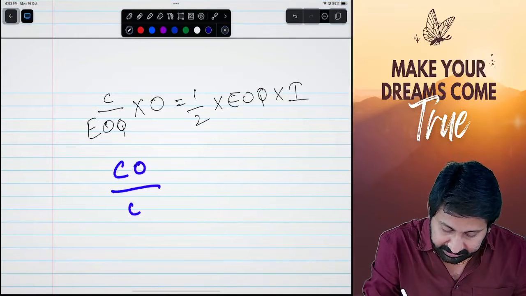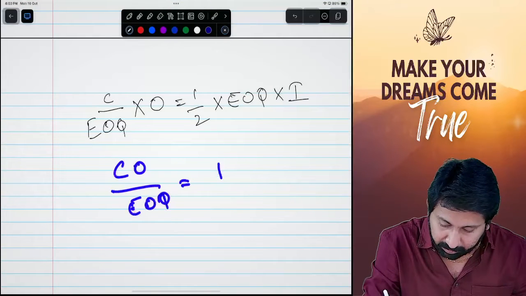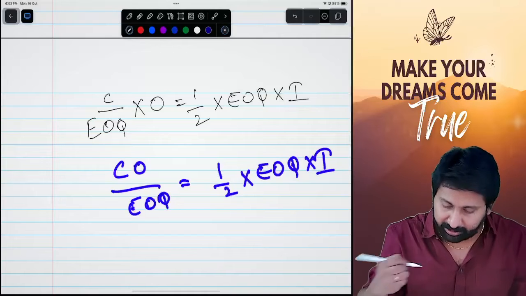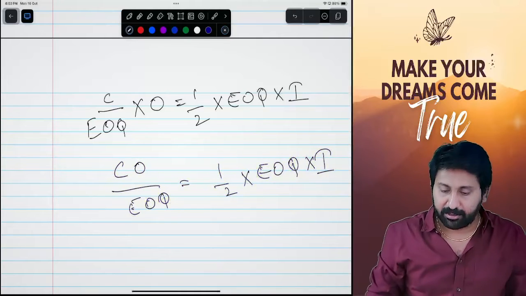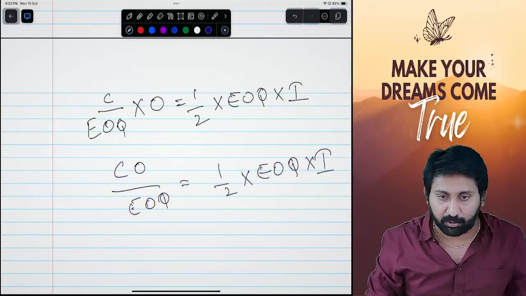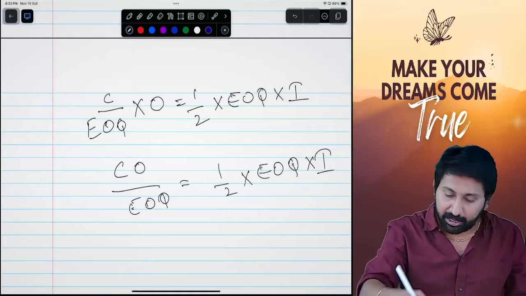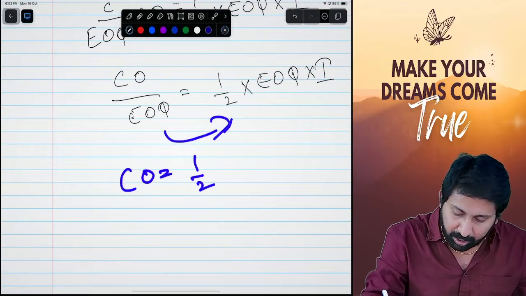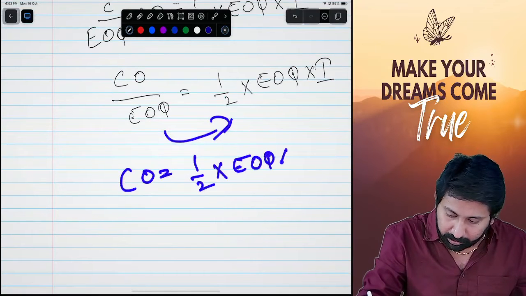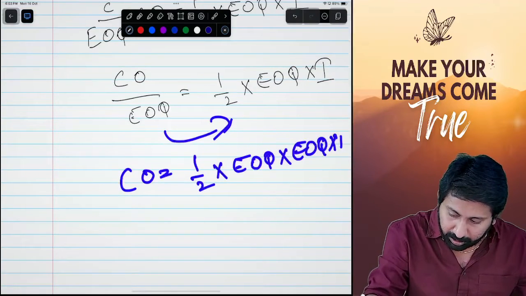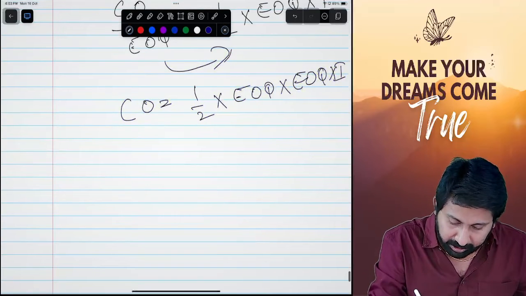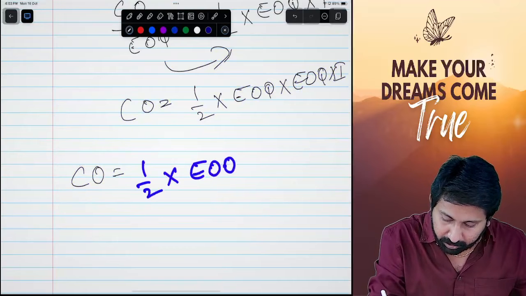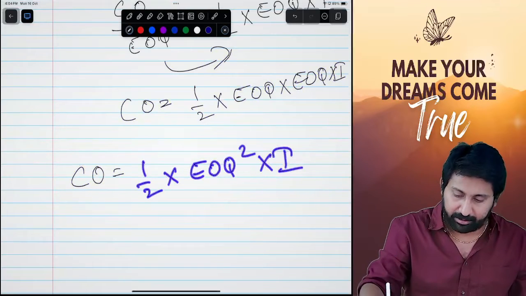I can write it as CO by EOQ equal to half into EOQ into I. So this is the first notation that we have to give. Clear or not, everyone? Take EOQ to the other side. CO equal to half into EOQ square into I.